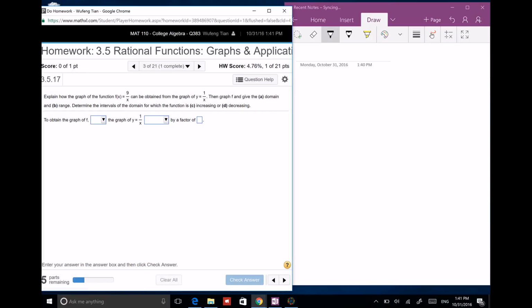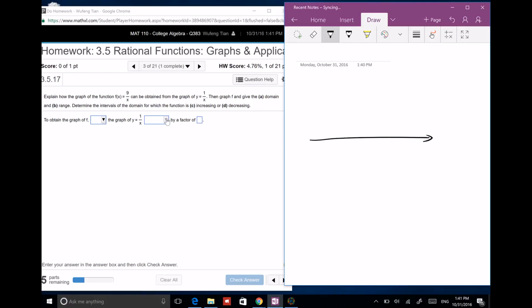Explain how the graph of 9 over x can be obtained from y equals 1 over x. To obtain the graph, it's basically a shrink or stretch. It depends on how you look at it. So 1 over x is pretty much like this.